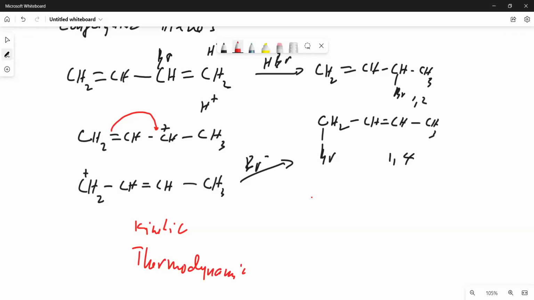So the reaction becomes irreversible. But if you raise the temperature, they can surpass the barrier, the activation energy. So there is a possibility for the product to go back to the reactant at a higher temperature. So the reaction becomes reversible.